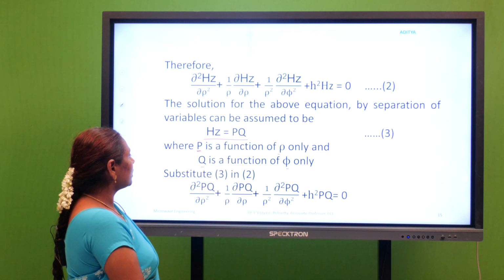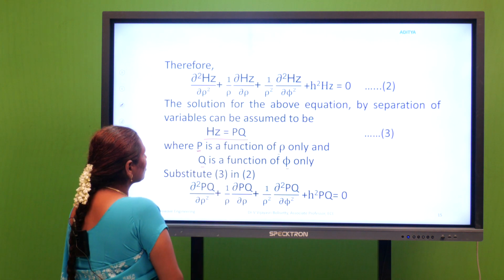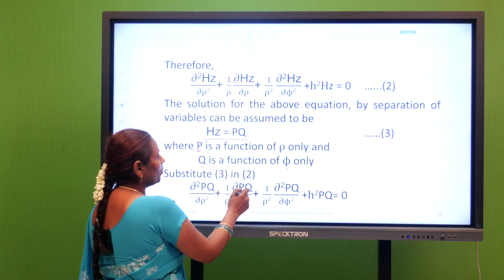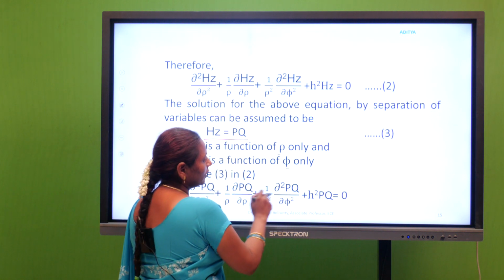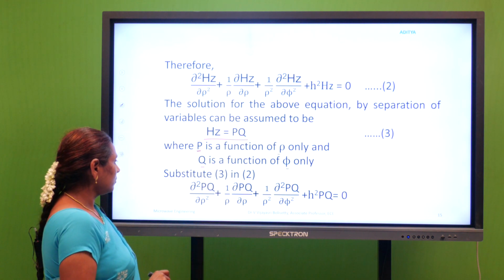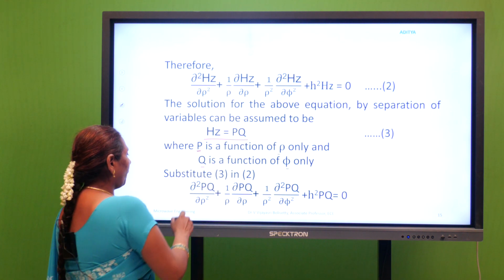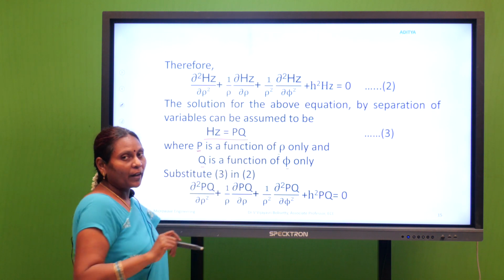If we substitute this 3 in 2, we are going to get dou square PQ by dou rho square plus 1 by rho dou PQ by dou rho plus 1 by rho square dou square PQ by dou phi square plus H square PQ is equal to 0. Here P is a function of rho and Q is a function of phi only.